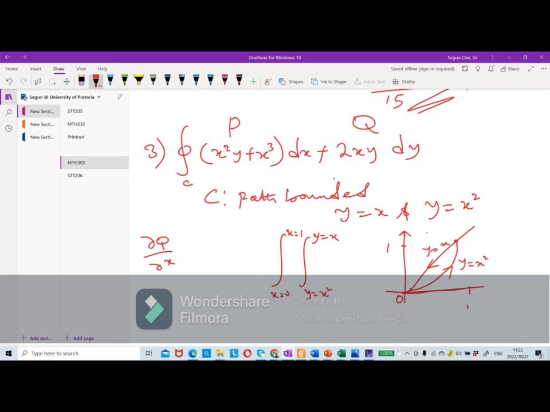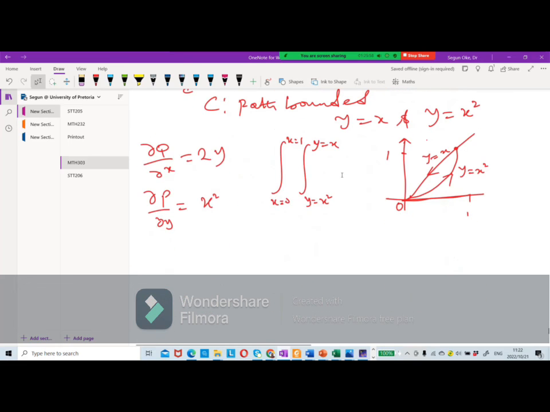That's all. So the dQ/dx is what? 2y. Then the dP/dy is what? x squared. x squared y. Sorry, Madam, you are differentiating with y. Yeah, we're differentiating, sir.